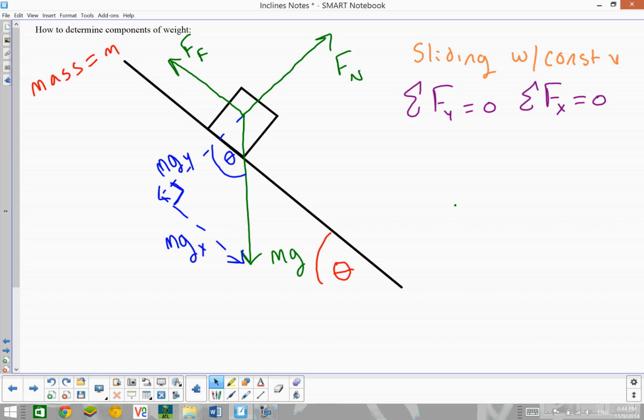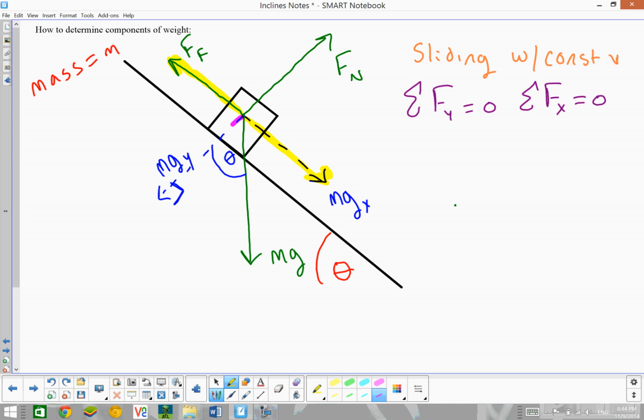Now, as I just tried to do before, I'm going to slide that vector up. Remember, vectors can slide around. I can't rotate it. I can't make it bigger or smaller, but I can slide it around. So I'm going to slide it right here just so it's a little easier to see that it's that x component of gravity that's responsible for equalizing the frictional force.